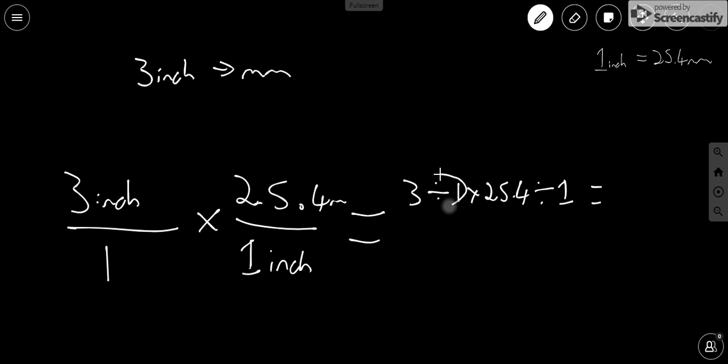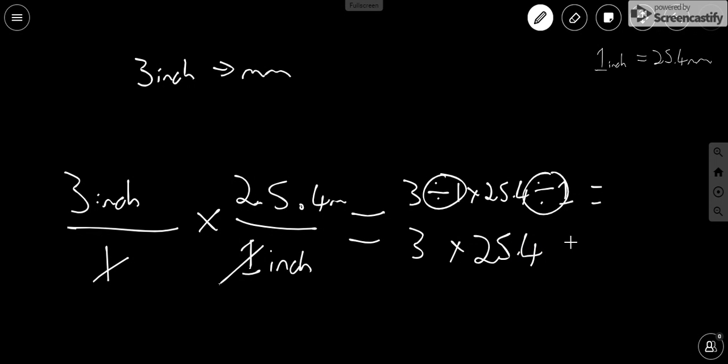So those sections are completely irrelevant, and we can get rid of the ones altogether and say 3 times 25.4 gives us our answer, and 3 times 25.4 is 76.2.